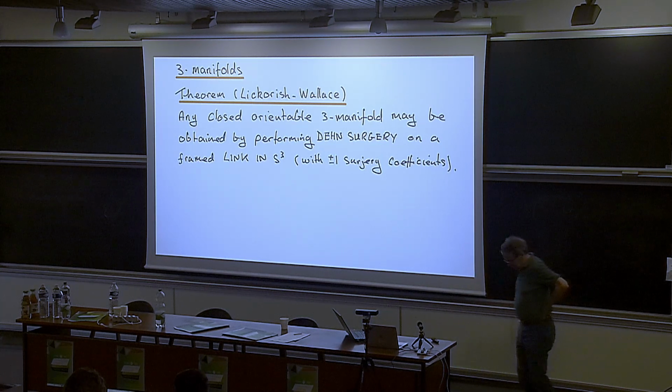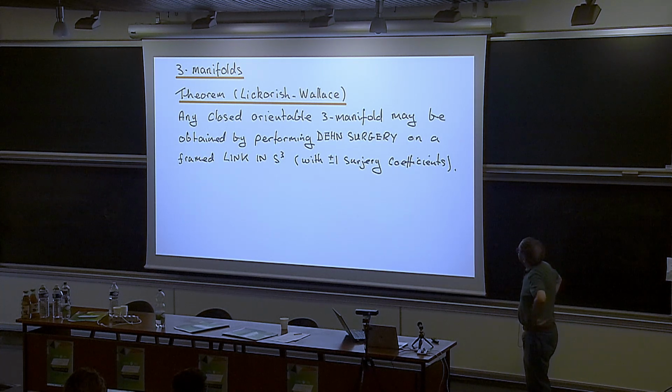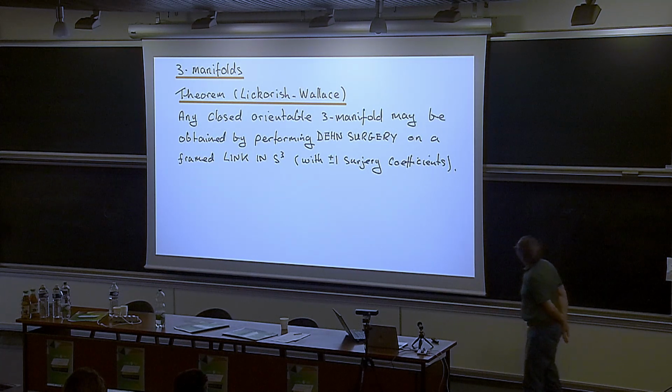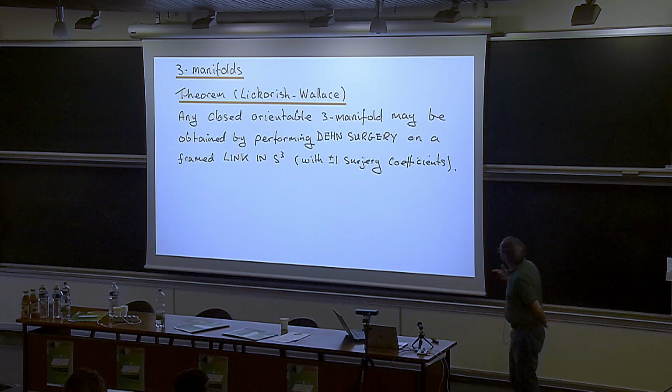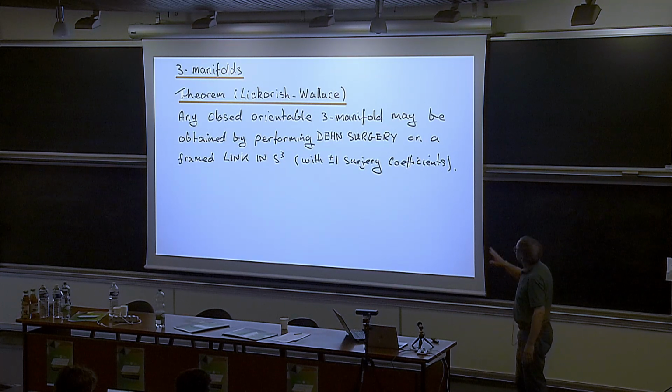And there's a celebrated theorem, proved independently by Lickorish and Wallace many years ago, which says that any closed orientable 3-manifold, so we won't look at non-orientable manifolds, can be constructed by performing Dehn surgery on a knot or a link in the 3-sphere. This morning I was taking a cube, a box of 3-space, but strictly speaking you should take the 3-sphere. Anyway, that's this theorem.